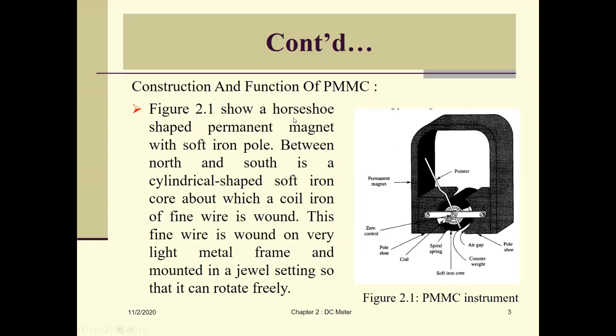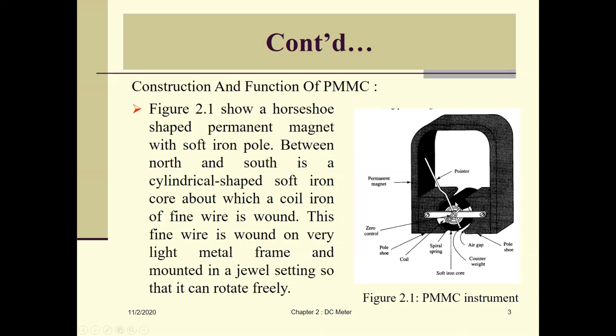You can see that Figure 2.1 shows the horseshoe-shaped permanent magnet with the soft iron pole here. Between the north and south poles there is a cylindrical soft iron core.